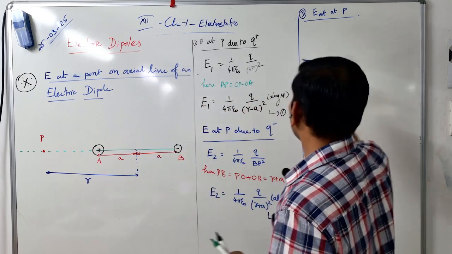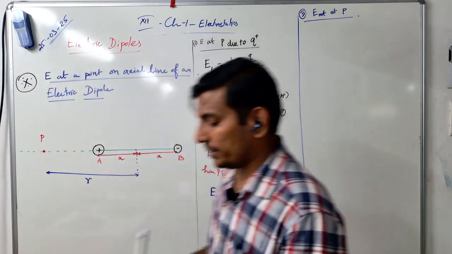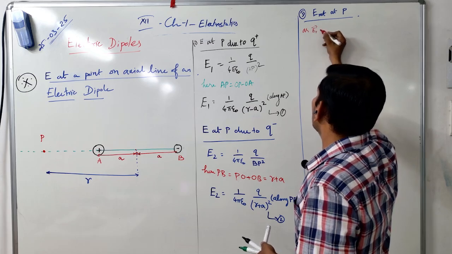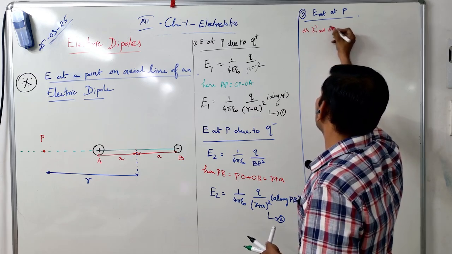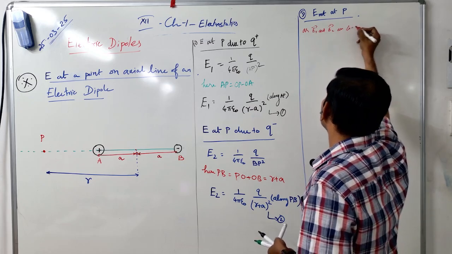So here I am going to say that E1 vector and E2 vector are coaxial.